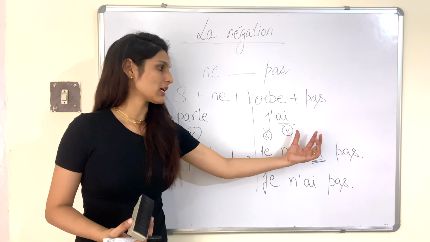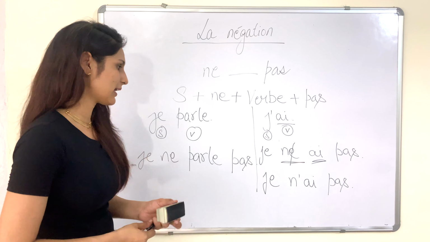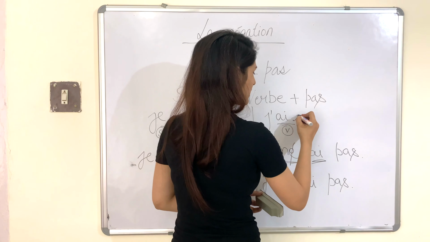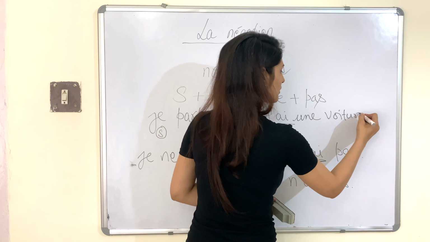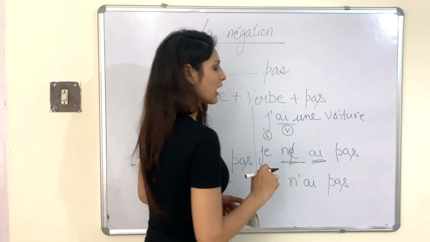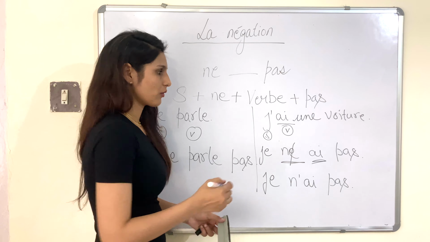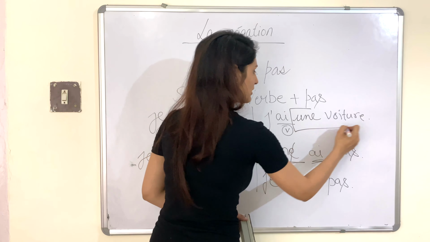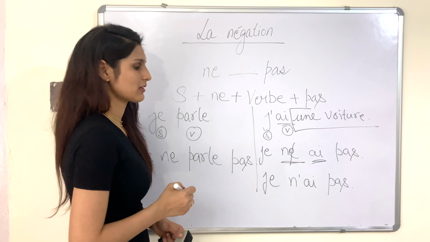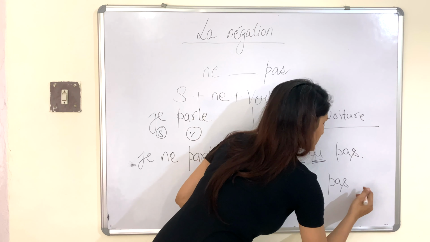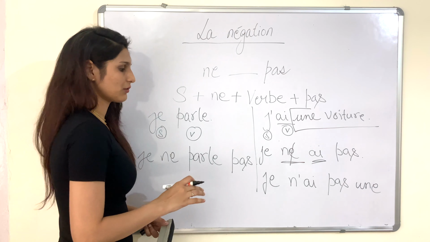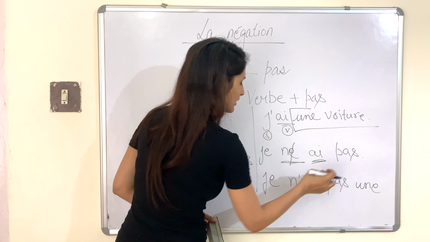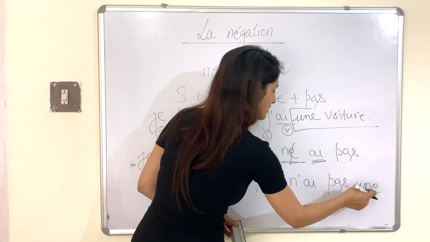You can make this sentence go longer. Like if I add j'ai une voiture, I have a car. So now I don't have to bother about this part of my sentence. I can write this sentence as it is after I'm done making the negative. Je n'ai pas une.